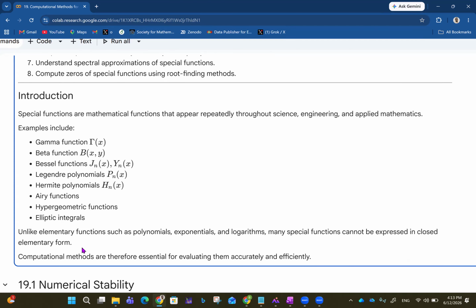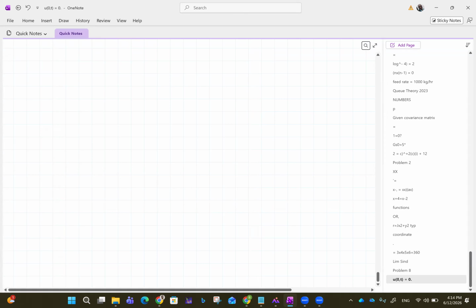Under elementary functions, that's where you have polynomial functions, that's linear, quadratic, cubic, quartic, quintic, and things like that. Apart from that, you can classify them. Okay, instead of just talking, let me demonstrate what I'm talking about. I think I've done this before, right?